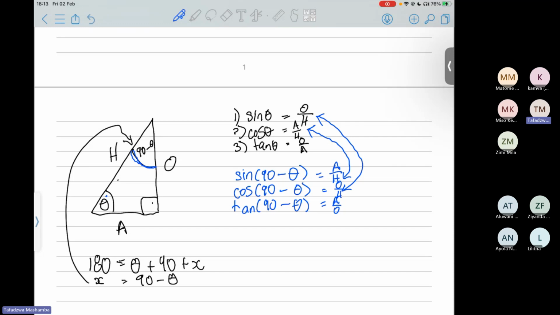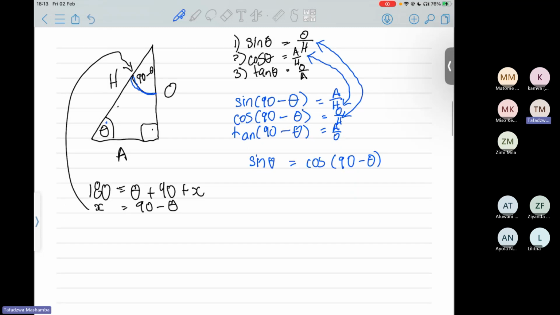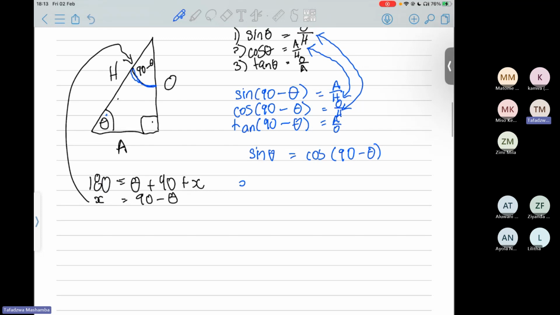So in the end, when you're given any question, you should know that sine theta is the same as saying cos of 90 minus theta. Okay, so in a practical example, which I'm going to give you now, if you have something like cos of 55, cos of 55 is the same as saying sine of 35.